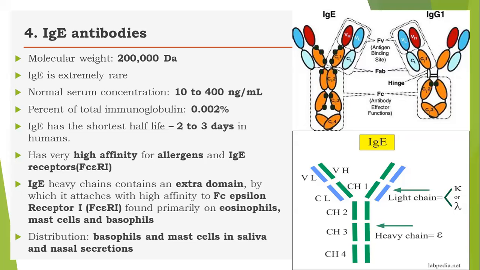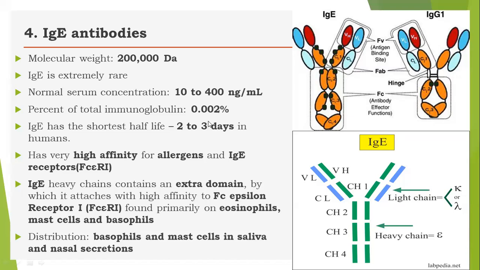Immunoglobulin E has a molecular weight of about 200,000 Da. It's a very rare immunoglobulin. The serum concentration is about 10 to 400 nanograms per ml, and in terms of total body concentration, it is literally about 0.002%.